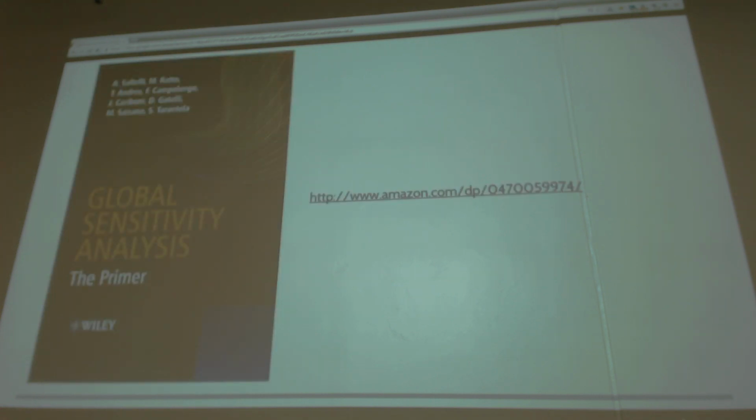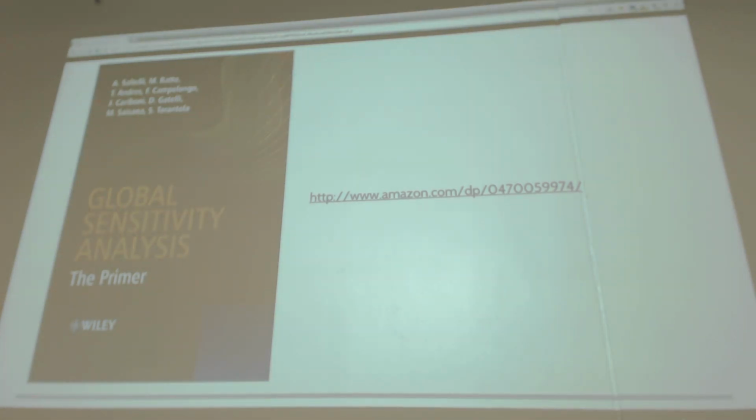Turns out there is a branch of statistics that deals specifically with this. It's called global sensitivity analysis, and there is an awesome book about it. It's actually the only textbook on this topic that I know, but it's really good. So I read it and I liked it so much that I basically made a presentation that summarizes what the authors tell there.